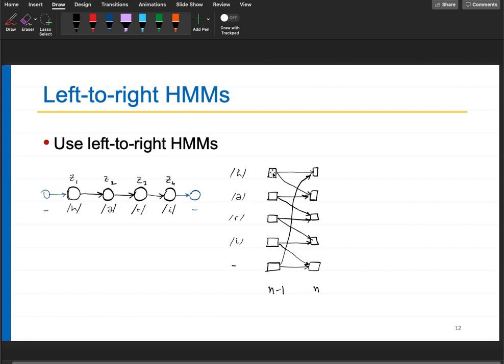So I'll make a model in this way, that from her you can either stay on her or you can go to a. From a you can either stay on a or go to ra, but you cannot go to her. You cannot go to e. You cannot go to silence. You can go to ra only or stay on the same state. Similarly with ra, similarly with e. But since e is my last state, after e I can go to silence or this dummy state.